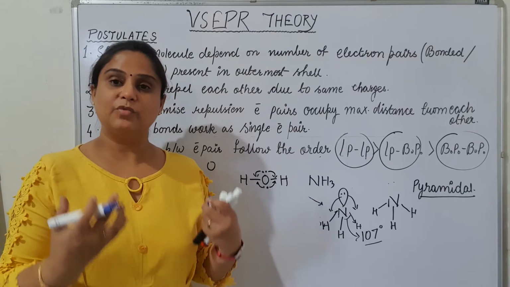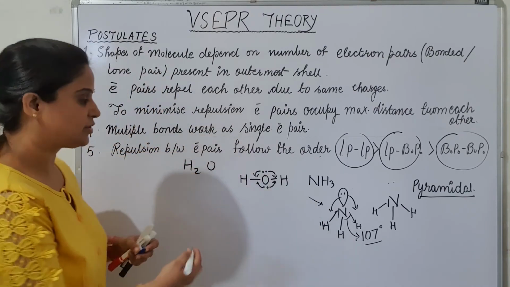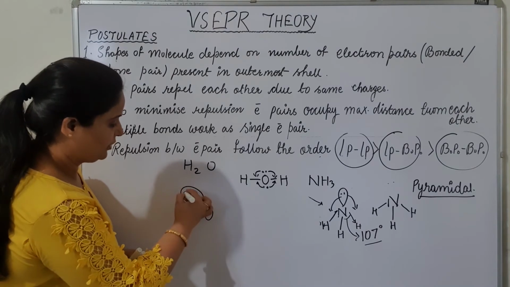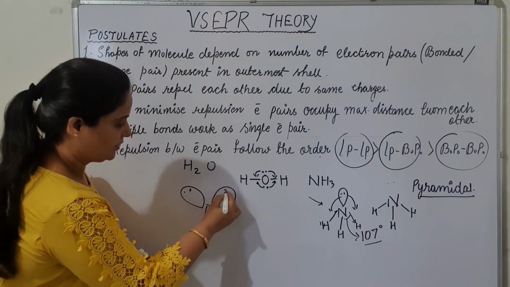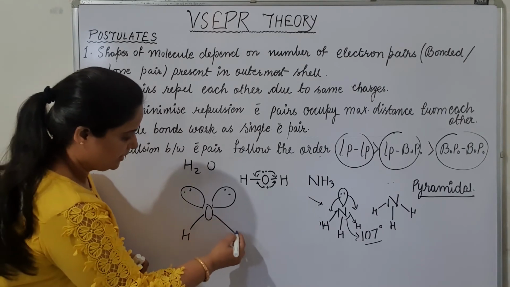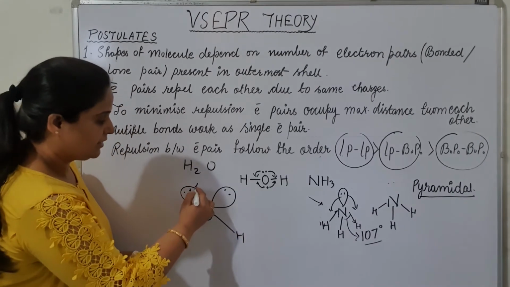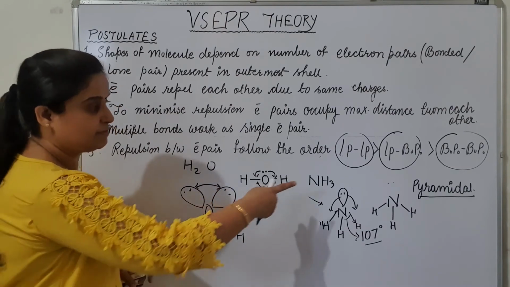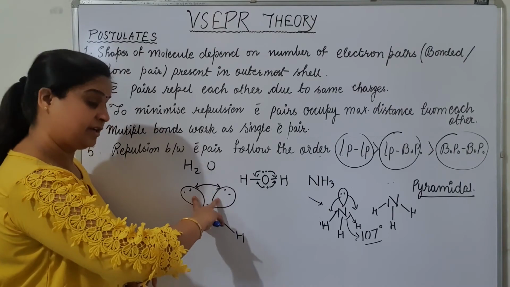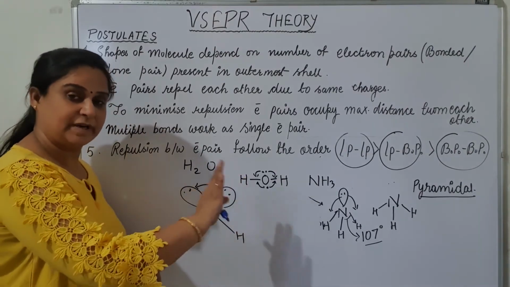That is why they will arrange themselves in such a way that the lone pair of the oxygen will be on one side, and the bond pair will be on the other side. And you know that the lone pair repulsion is the maximum repulsion, and they will maintain the distance between each other by maintaining a particular angle.